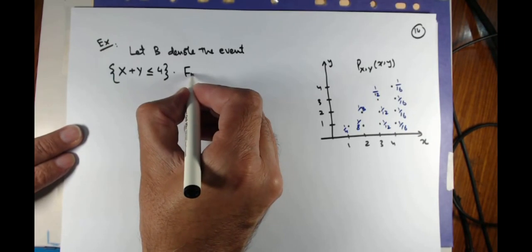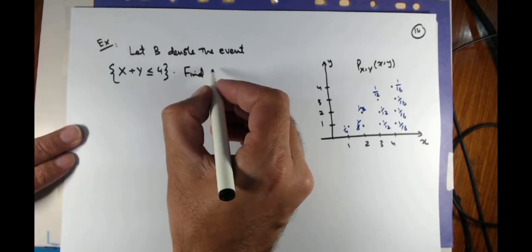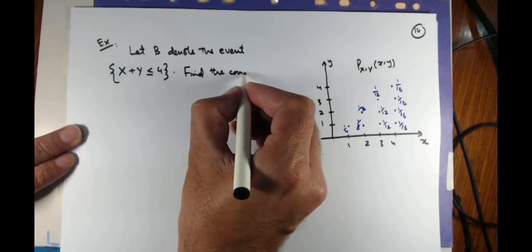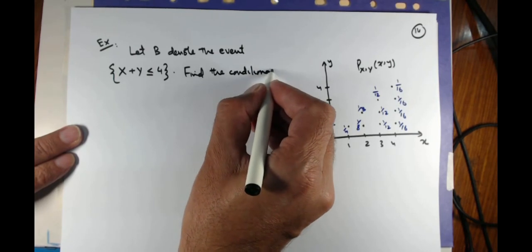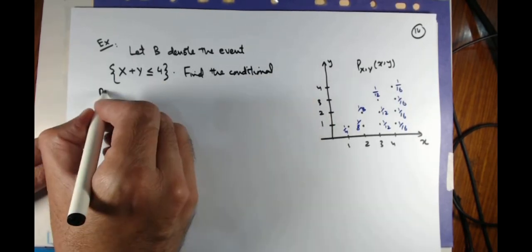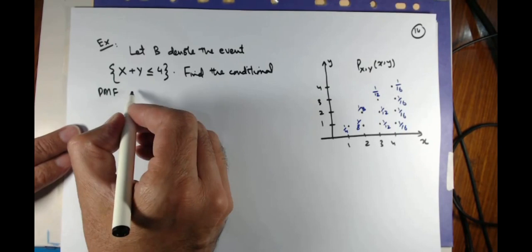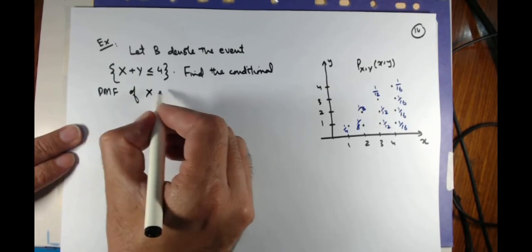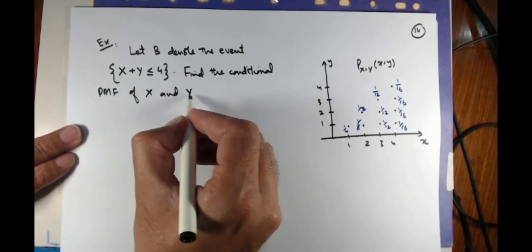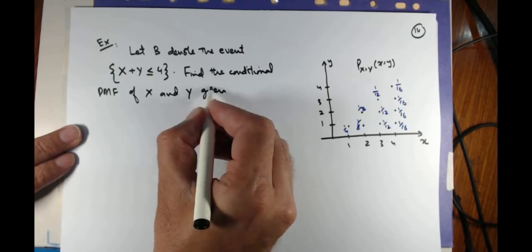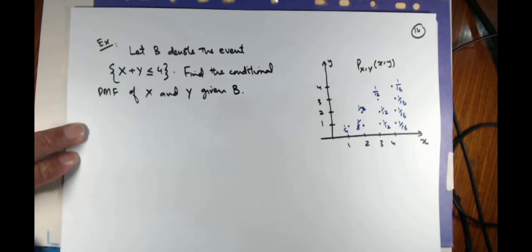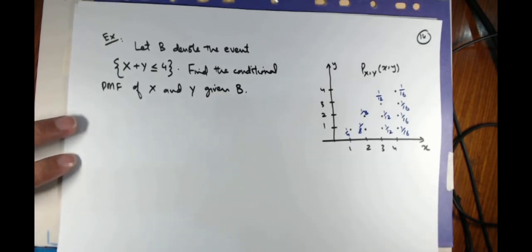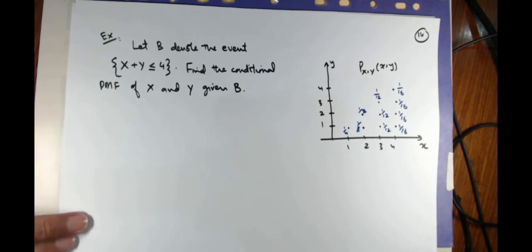And we need to find the conditional PMF of x and y given B, which means we need to find a new conditional distribution of x and y.